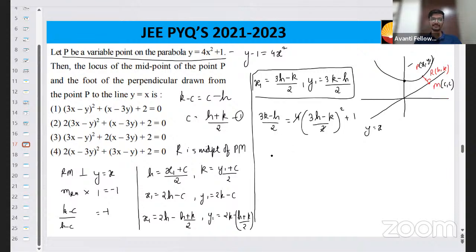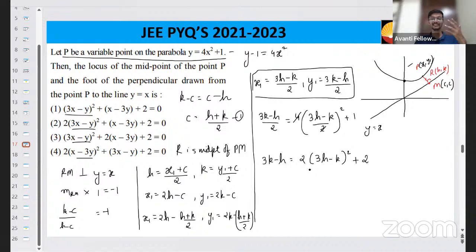We can take LCM, so I'll get 3k minus h. See, don't open this bracket because as you can see in every option, there is a whole square term as it is. So no need to open the bracket. It is equal to 2 times (3h minus k) the whole square plus 2.